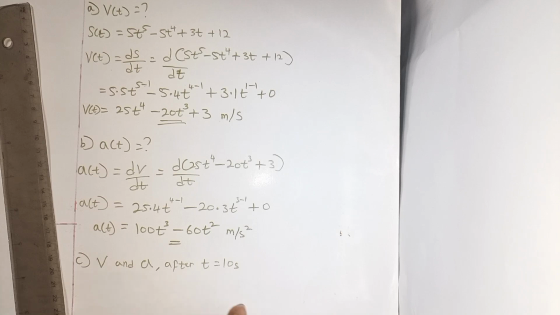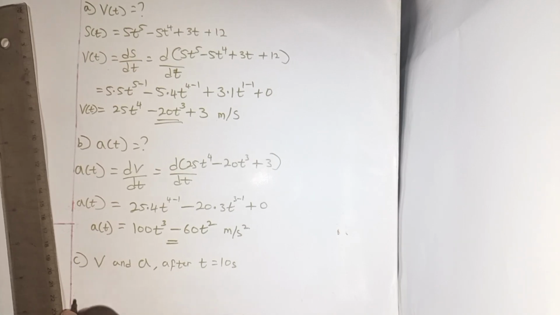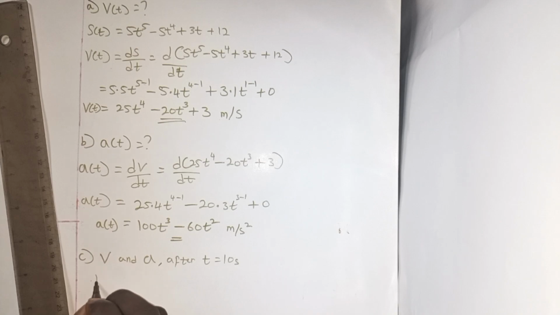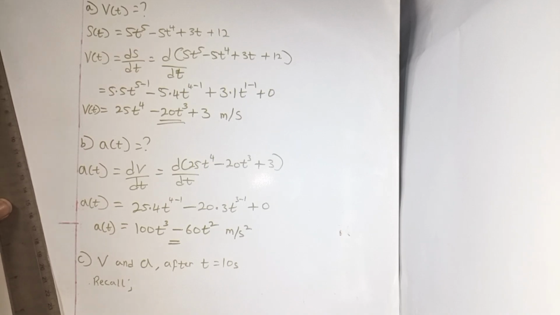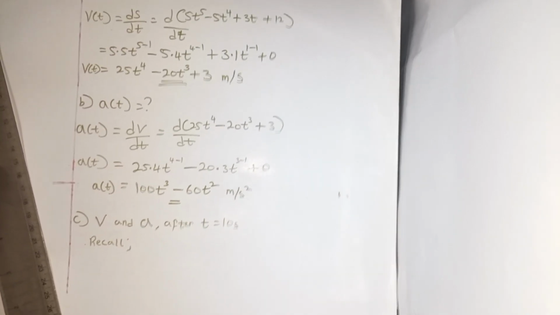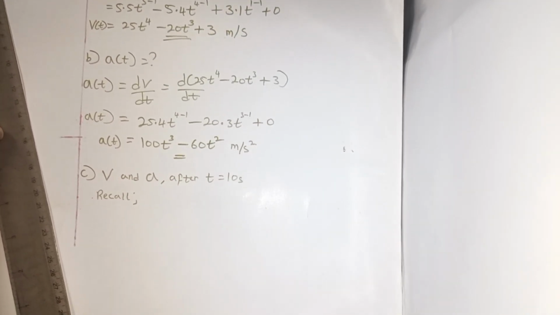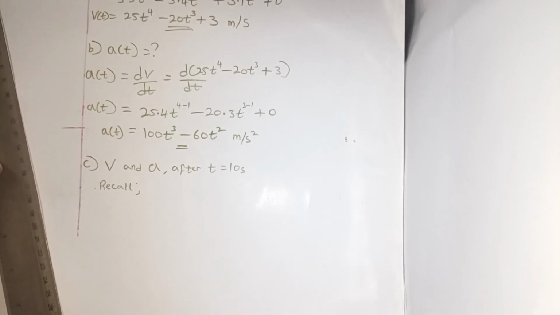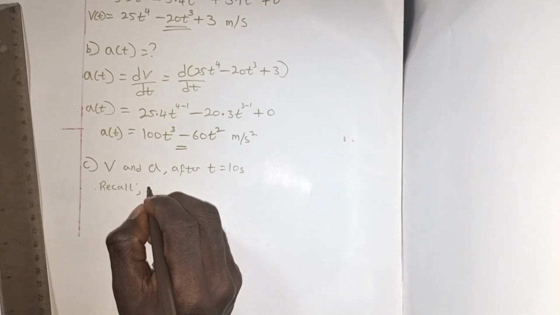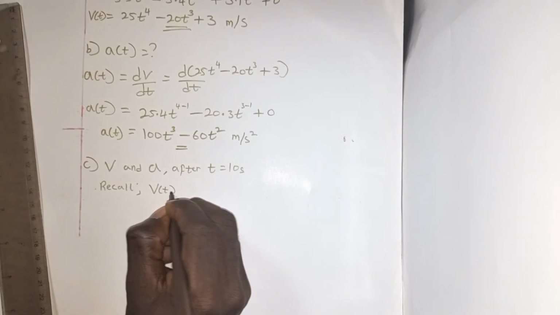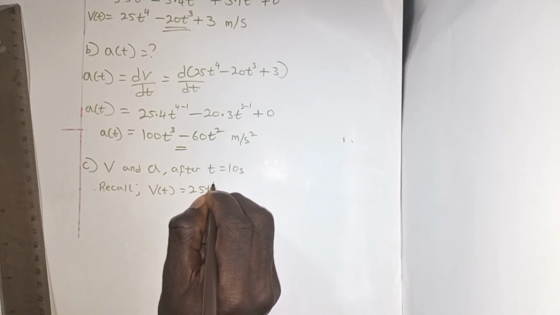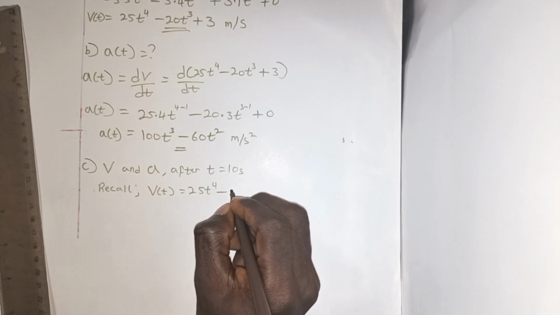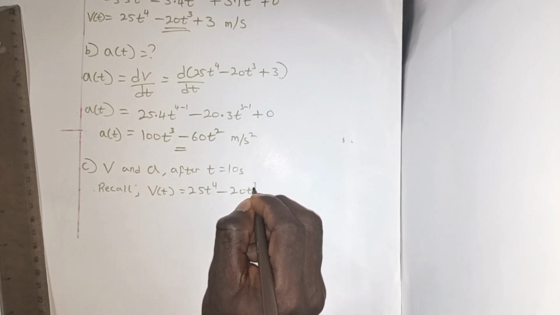So for A, recall, shifting this again so we can see more clearly, recall our v of t is 25t^4 minus 20t^3 plus 3.